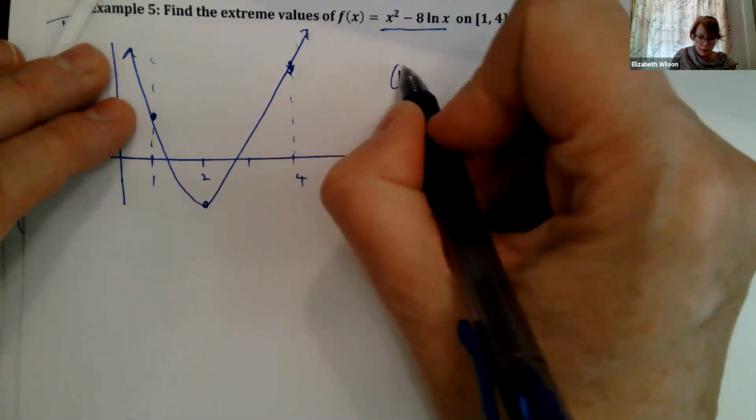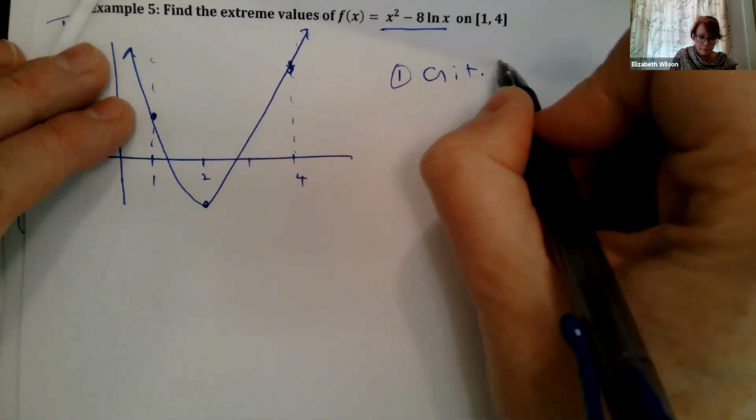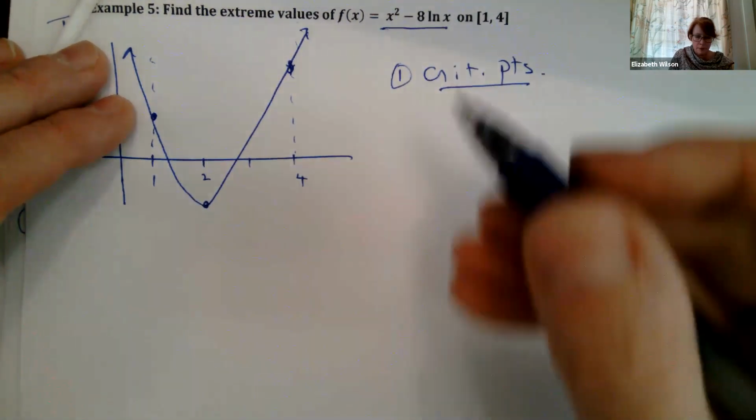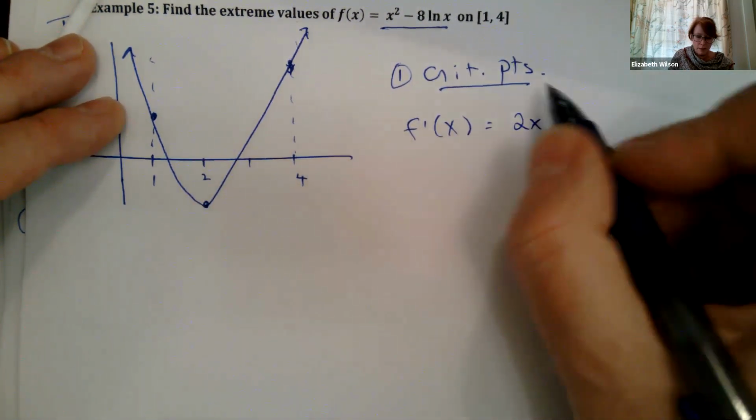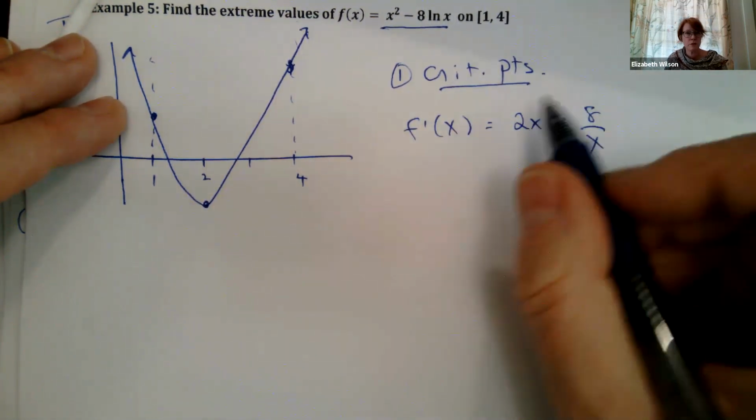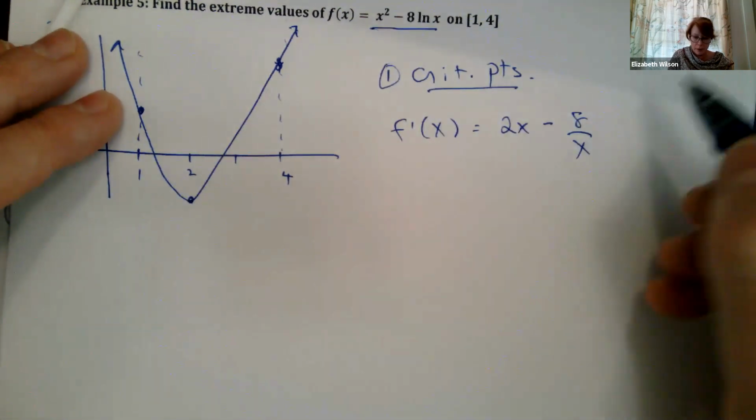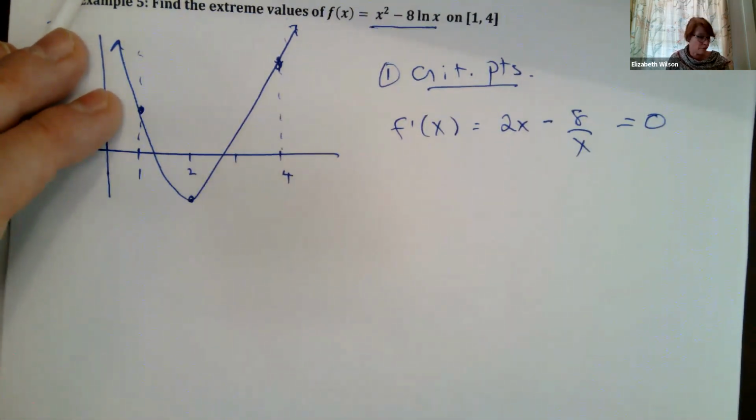Okay, so my first part is I have to find the critical points. So I'm going to take my derivative. F prime of x is equal to 2x minus 8 over x. If you don't know how to do this, don't sweat it. We're going to get to it. I'm going to set that equal to 0, and I'm going to solve for x.